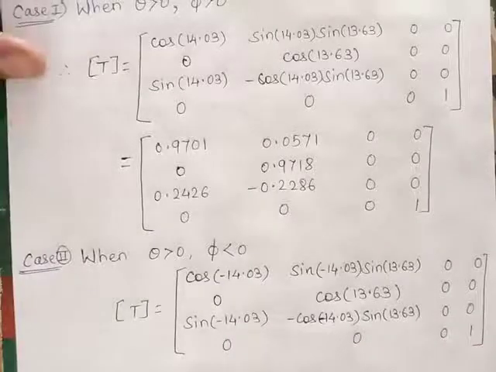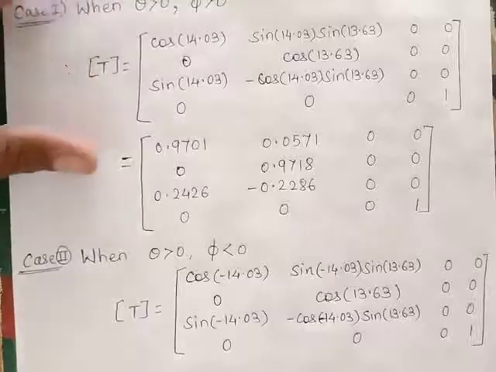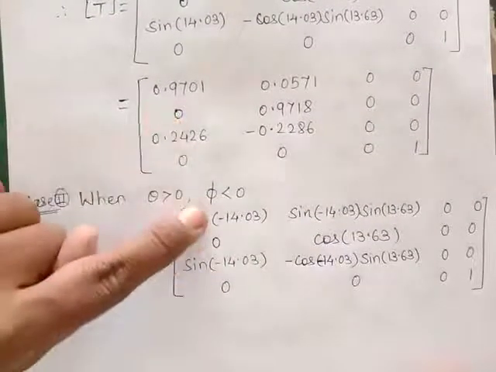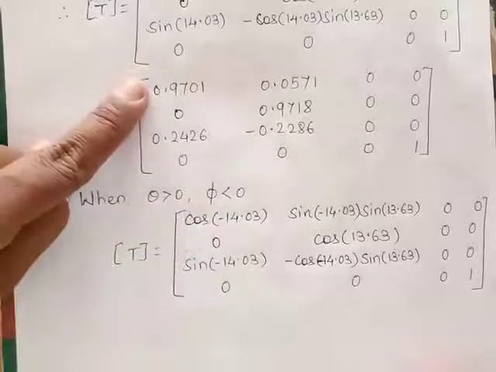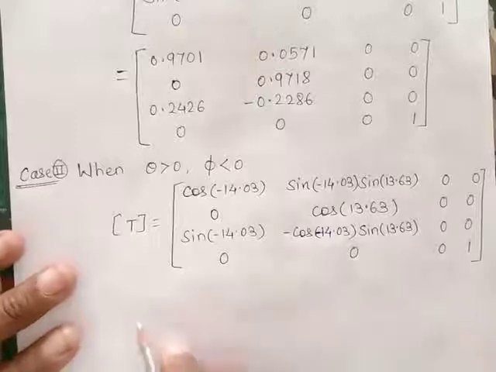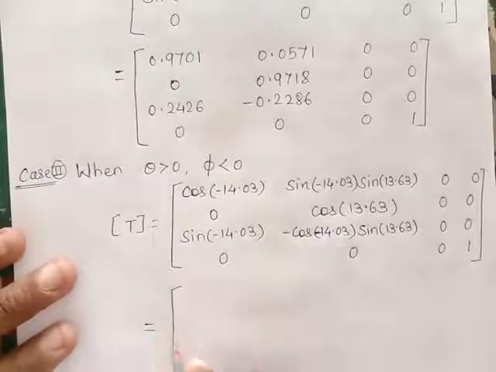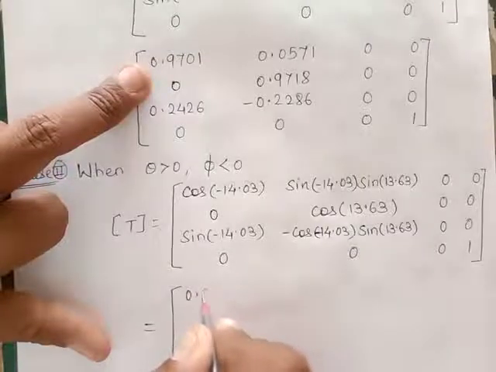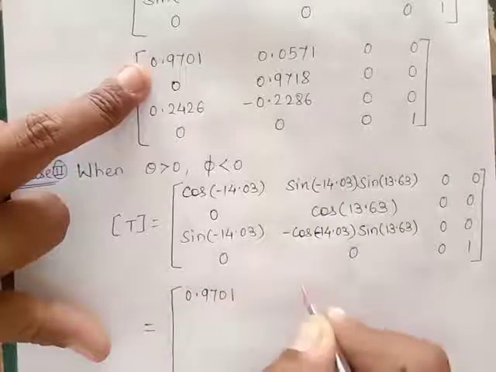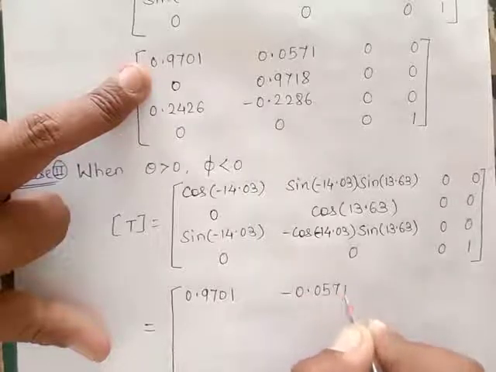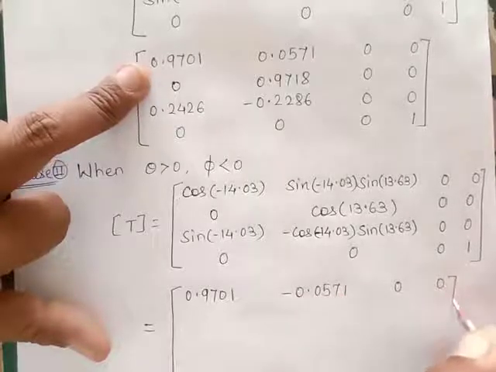Okay. Now, what are the values here? The values are much similar to this one, because the values of the angles remain the same. Simply the positive and negative signs we have to change. So what we get here? Here this remains the same, so this value is as it is, 0.9701. This is minus 0.0571, right?